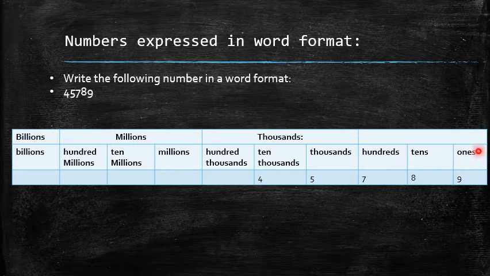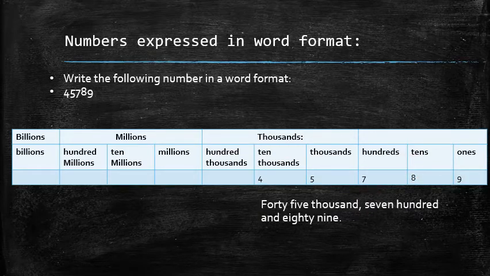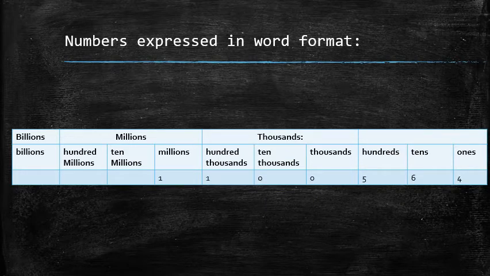Then we start from the right-hand side by the ones, and we write the number in the table, which means there's 4 10,000s, so that's 40,000, and then this is another 5,000. So this is 45,789, and then if we look at our answer, 45,789.